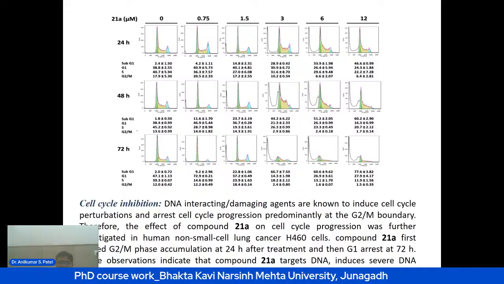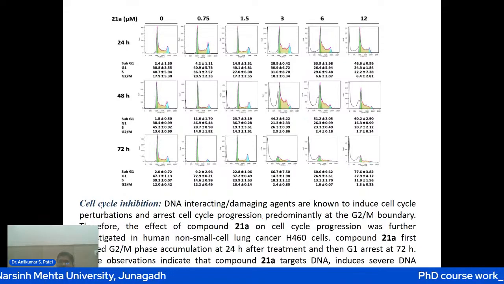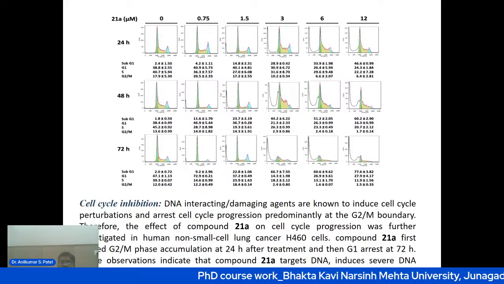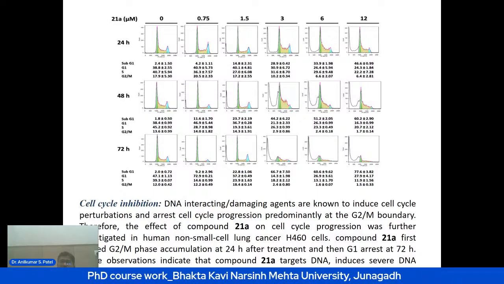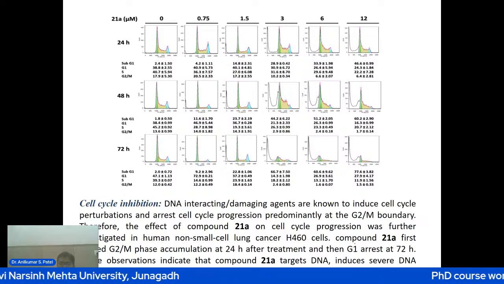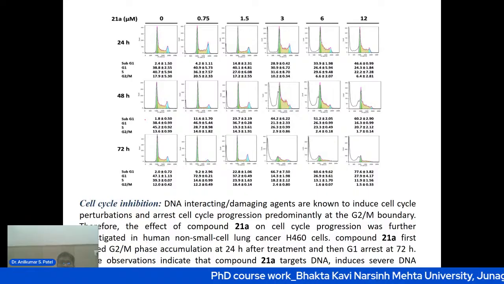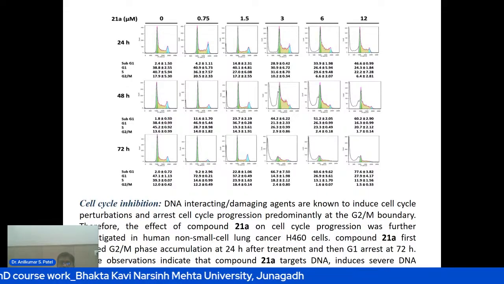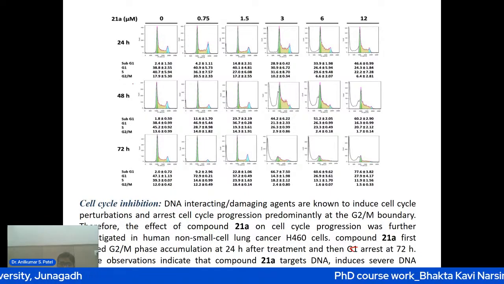So we can see that 21A compounds affect cell cycle progression predominantly at the G2M phase. Therefore, the effect of compound 21A on cell cycle progression was further investigated in H460 cells. Now the 21A compound first goes to the G2M phase, and then after 24-hour arrest, it goes to G1 arrest at 72 hours.